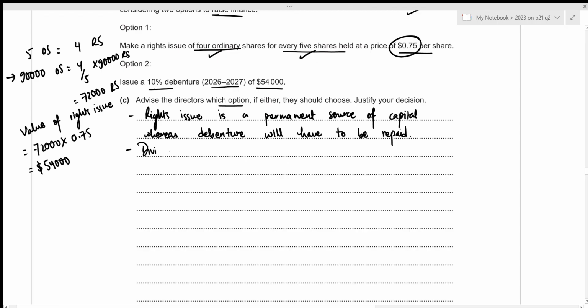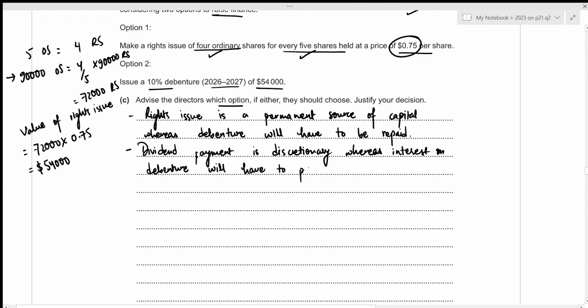Dividend payment is discretionary, whereas interest on debenture will have to be paid regardless of profits or losses.